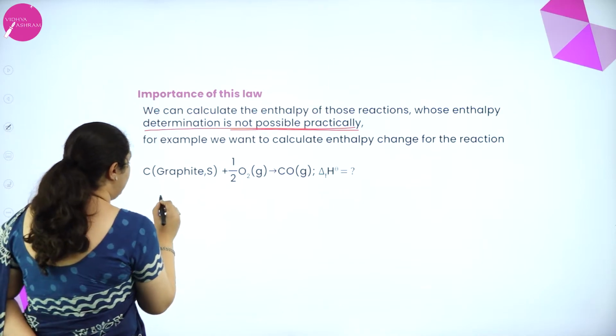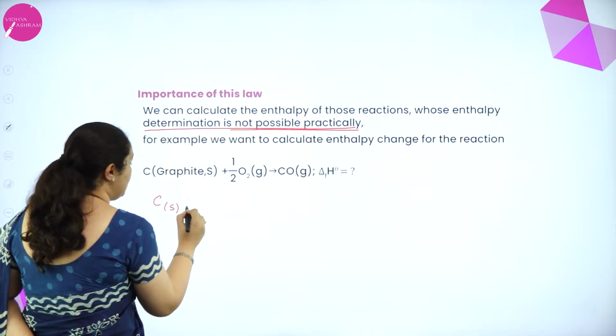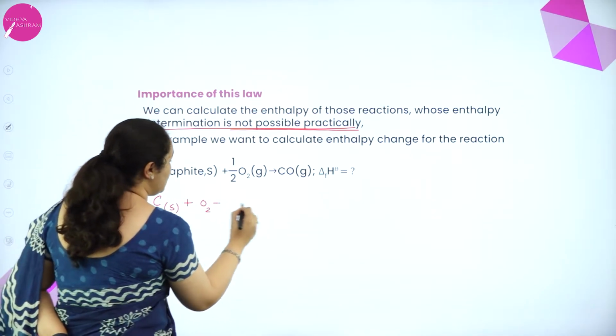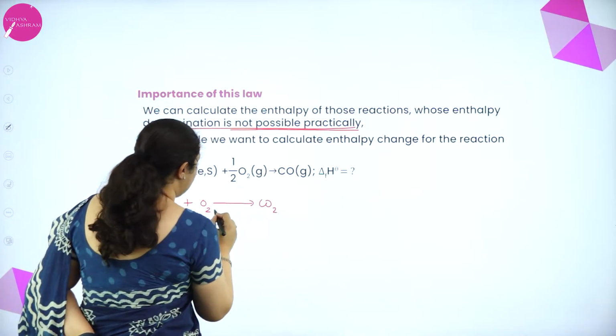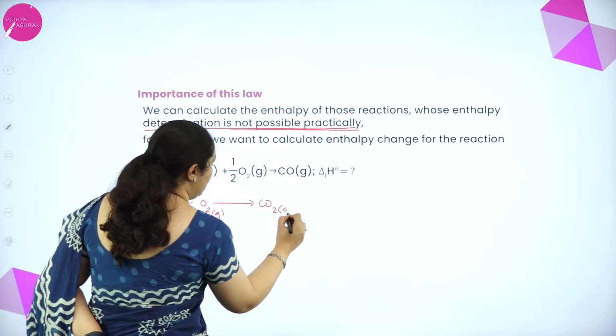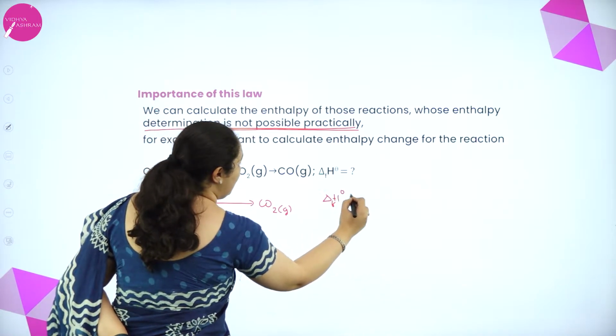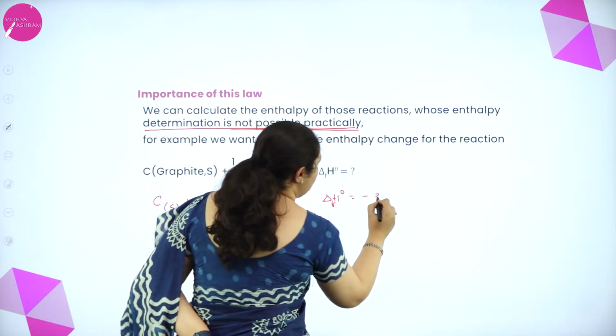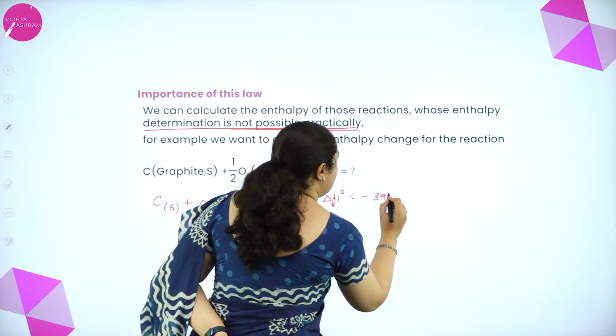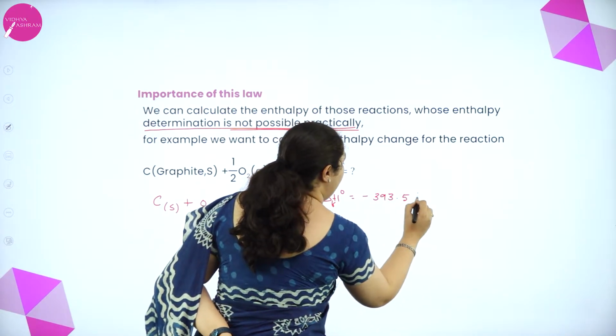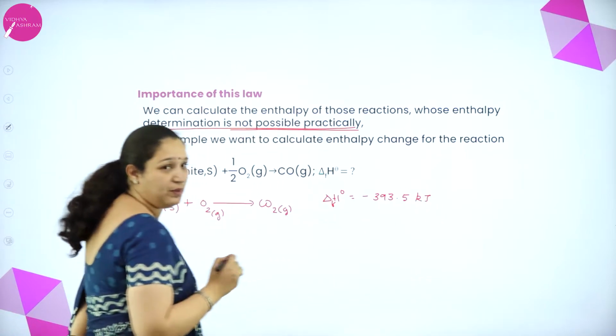I have carbon solid state plus oxygen giving carbon dioxide. This is in gaseous state, this also is in gaseous state, and the enthalpy of formation of carbon dioxide is minus 393.5 kilojoules per mole.